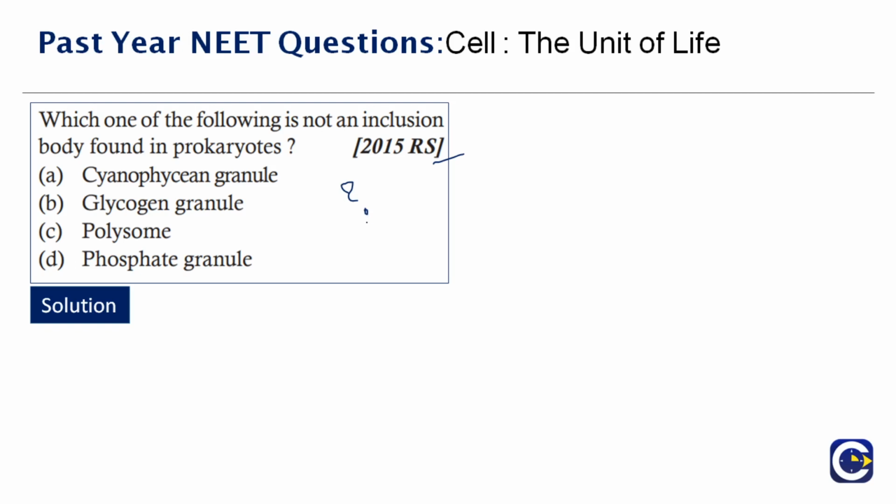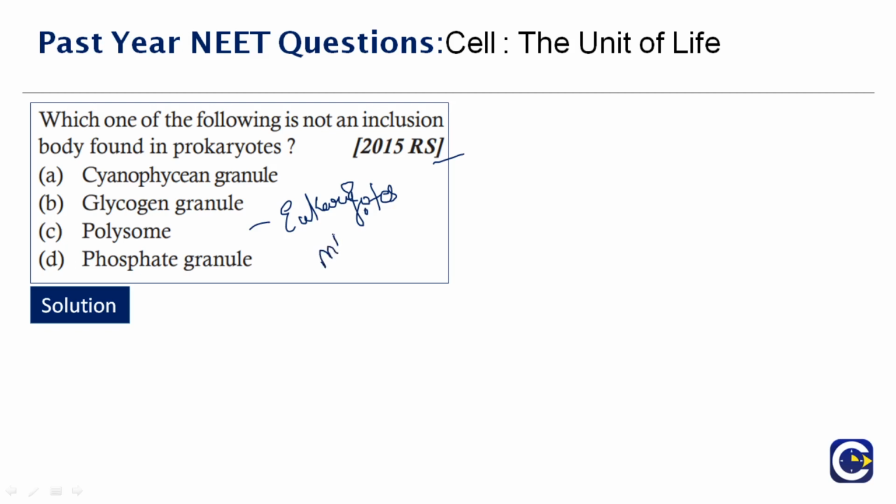What is a polysome? A polysome is not found in prokaryotes, but is found in eukaryotes. It is a cluster of ribosomes held together by a strand of messenger RNA, mRNA.